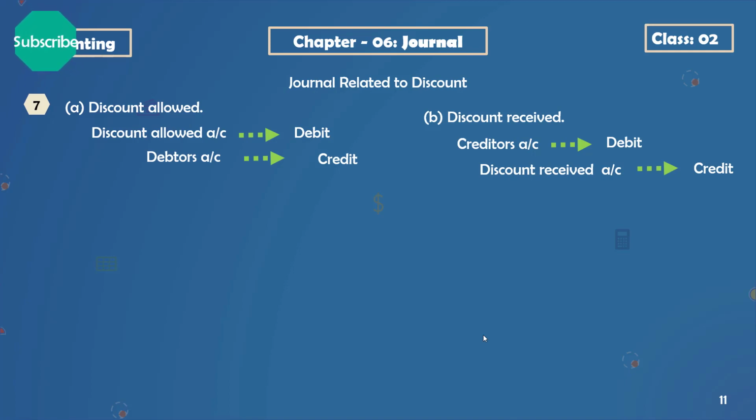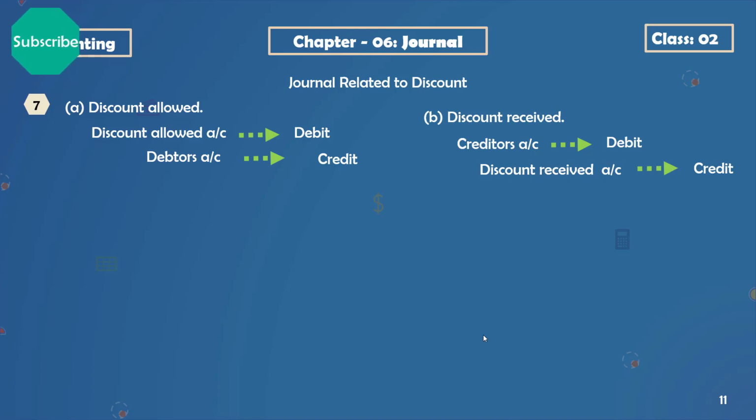So the journal entry for discount received is creditors account debit, because you have paid your debt. So creditors will reduce and you have to debit creditors account, and discount received is a revenue account, so you have to credit this. Please note this very carefully.